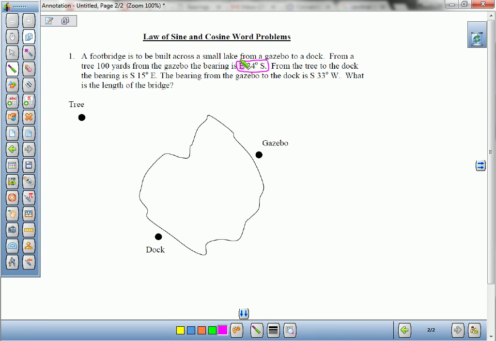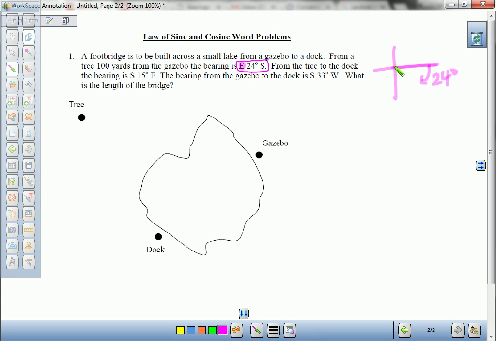So with respect to east, we are going 24 degrees south of that. That's what this means. So with respect to east, so we're thinking off this eastern cardinal point, we're going 24 degrees south of east. And that's what that indicates.